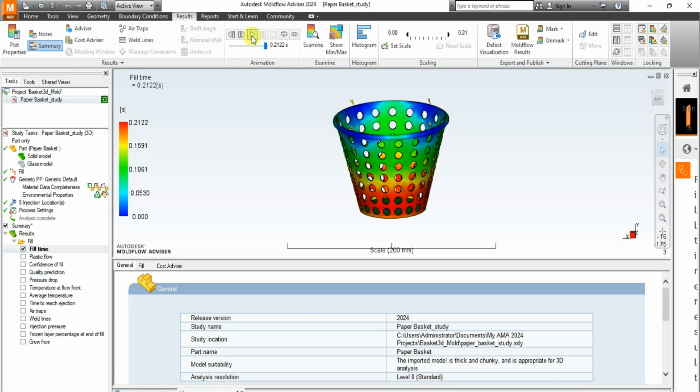Now let's talk about what to look out for under these fill time results. One of the first things you need to take note of is the short shot. Now, what is a short shot? This is simply an incomplete filling of a mold part, or rather cavity. You can call it the part or the cavity.